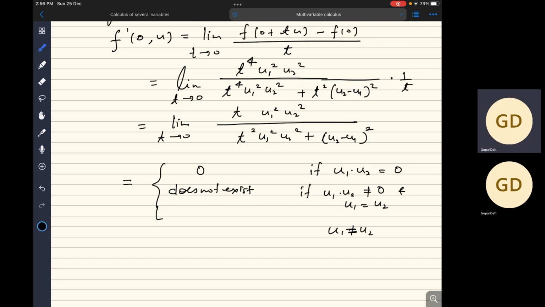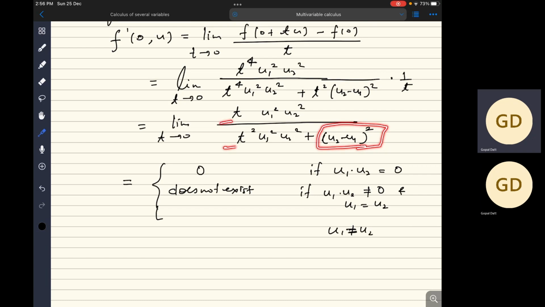In this case, this is something constant, and this part will go to 0.